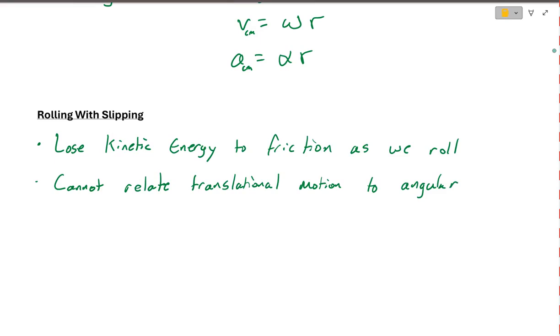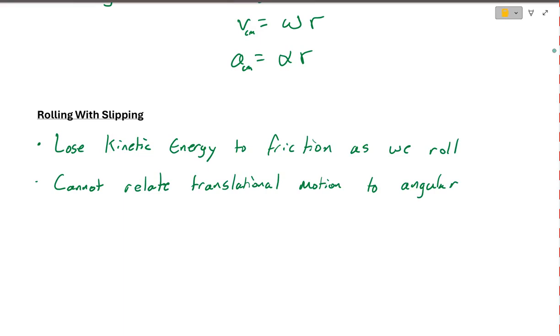Because, for example, if this hoop slips, it doesn't go as far with each rotation, which means my center of mass didn't go as far as the rotation would say it does. In other words, it's continuing to rotate, but not moving as far left and right as it normally would if it slips.